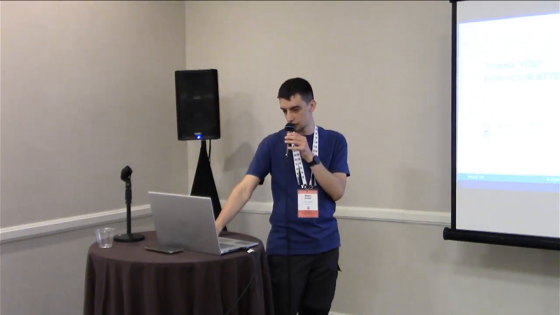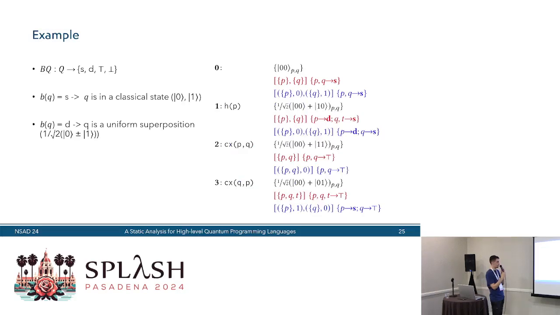I have a slide with an example. To actually complete the analysis, you also need some label. This comes from the paper, so we use also this simple label that comes from another previous work, in which basically the value of the qubit is classical, in superposition plus, top, or bottom.